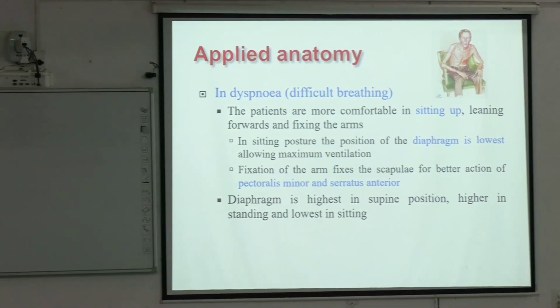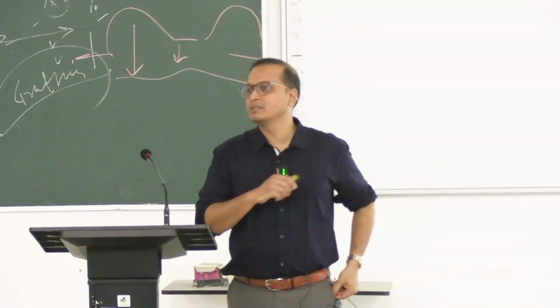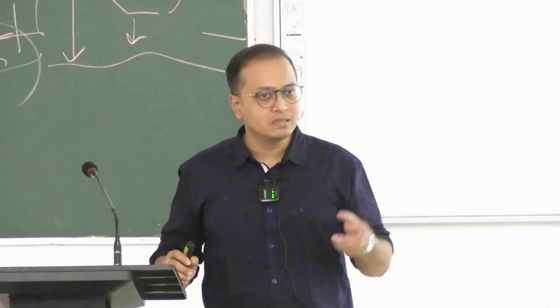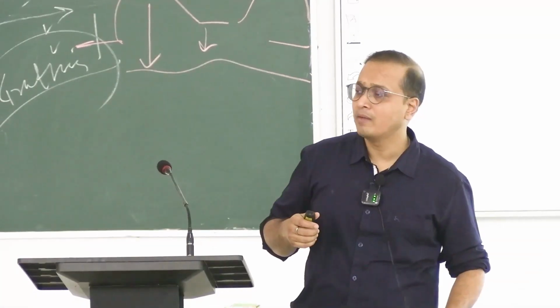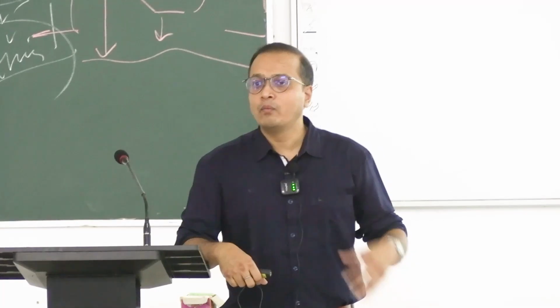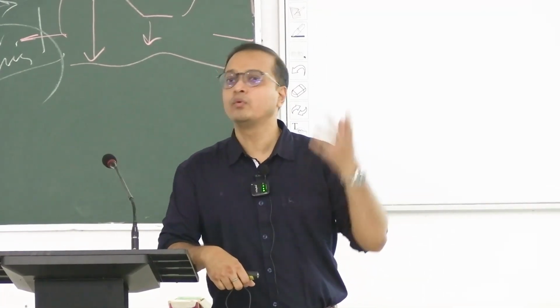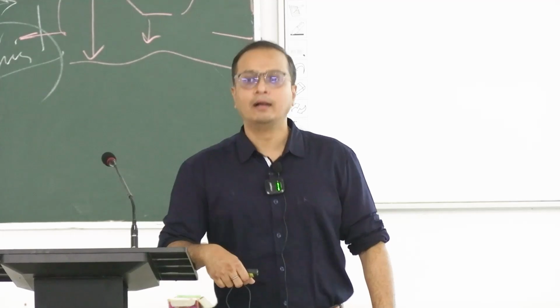When you go to the clinic, you will see persons who are suffering from some kind of lung disease or heart disease. They have this breathing difficulty. They are sitting, but even in a sitting posture they are recruiting extra muscles like pectoralis major and scalene muscles.